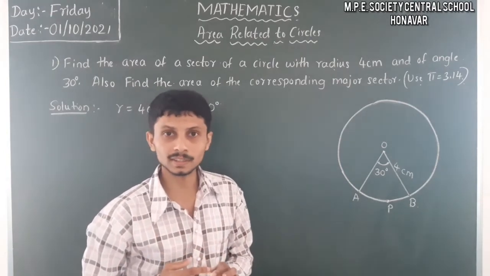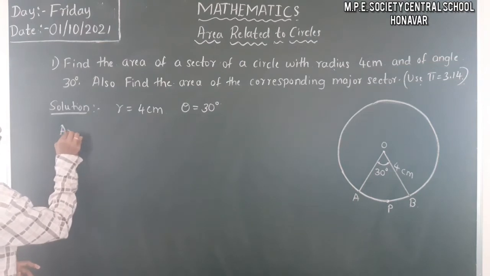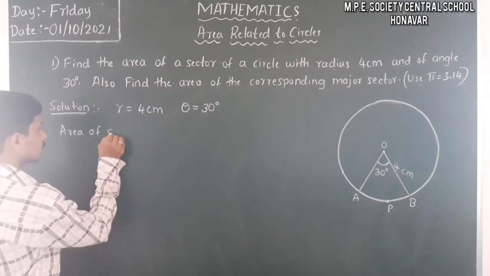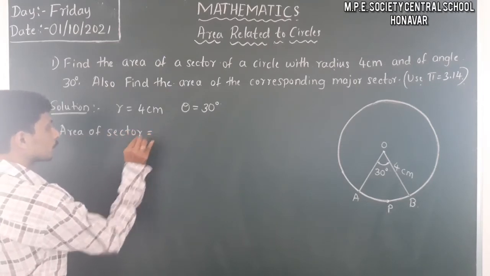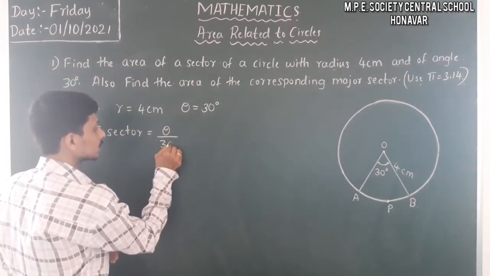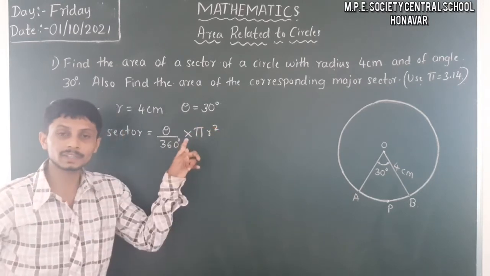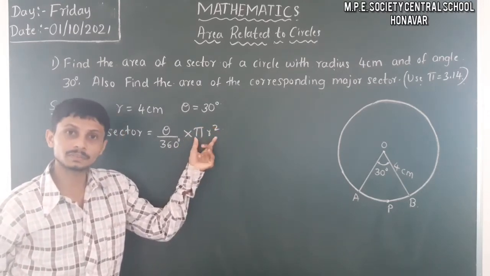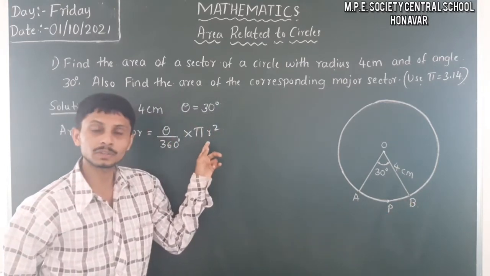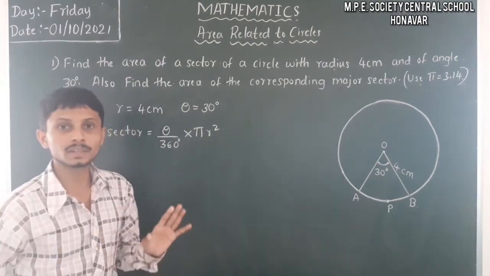So area of the sector is equal to theta by 360 degree into pi r square. Here we have to find the area, so we take pi r square. If we had to find the length of an arc, we would take 2 pi r. But here we have to find the area, so pi r square is enough.